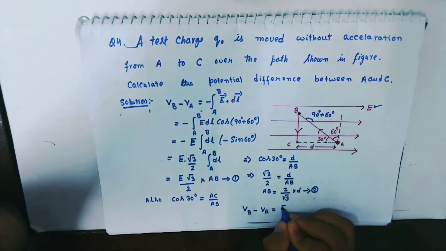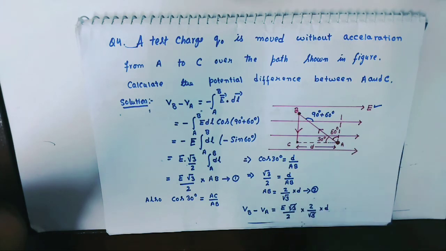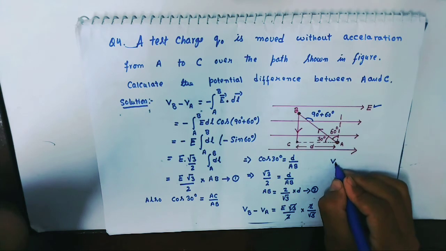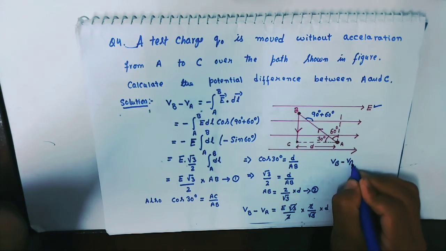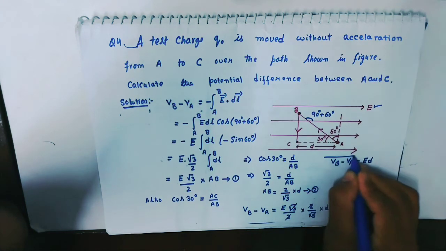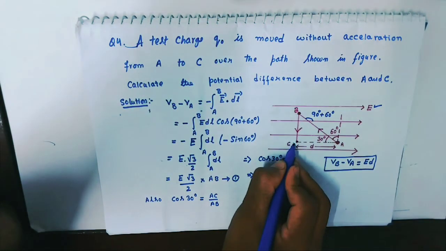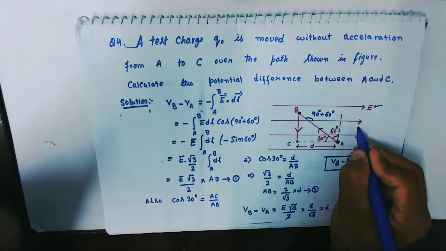This is equal to E root 3 divided by 2 multiplied by 2 by root 3 into D. So root 3 gets cancelled and 2 gets cancelled. So we write VB minus VA equals capital E multiplied by D. As we can see from here, BC is perpendicular to the electric field.